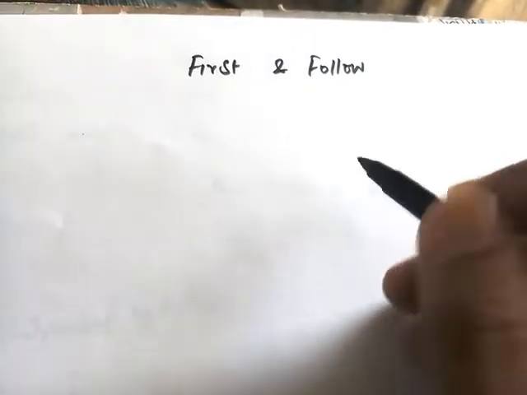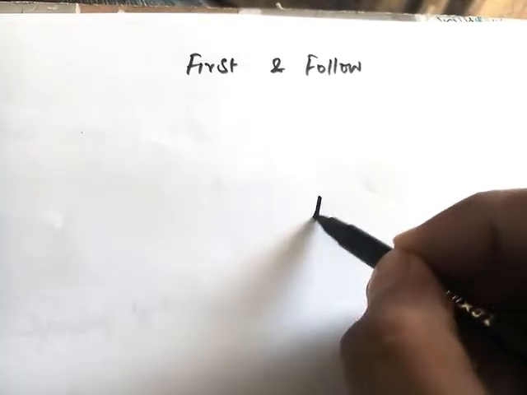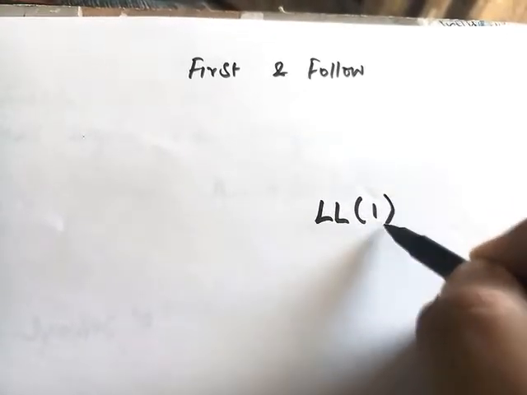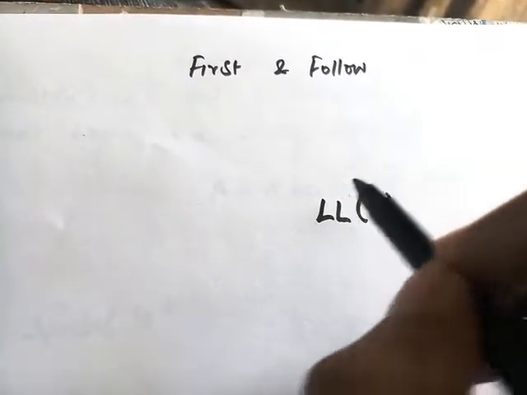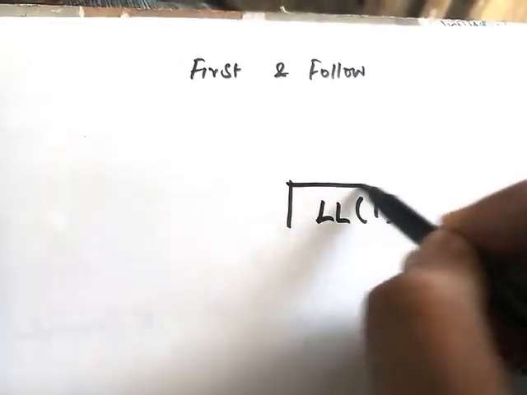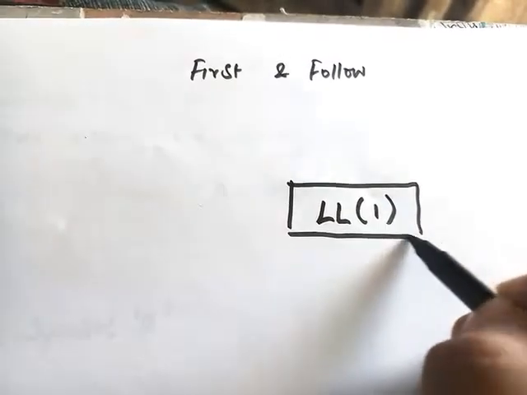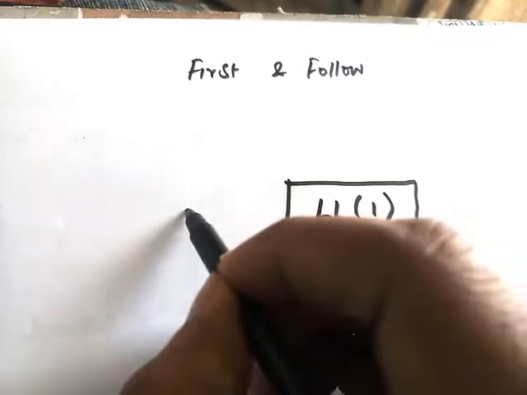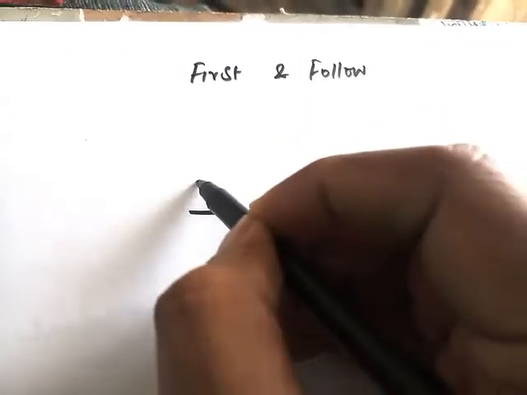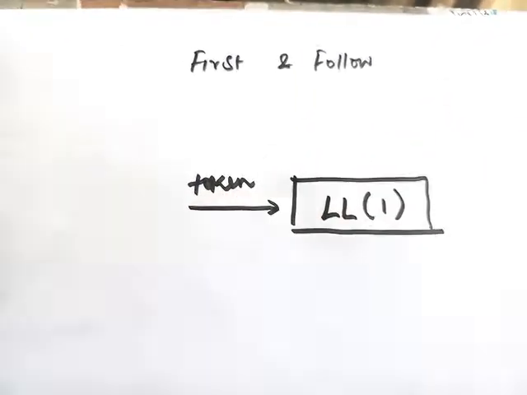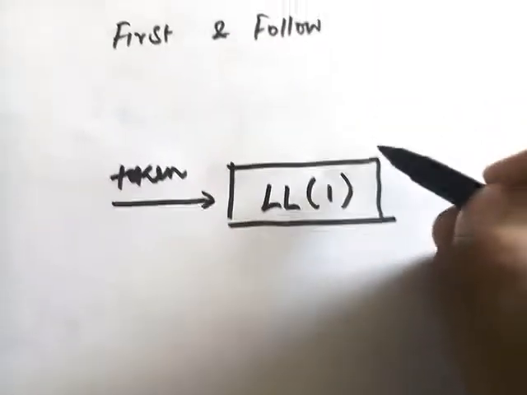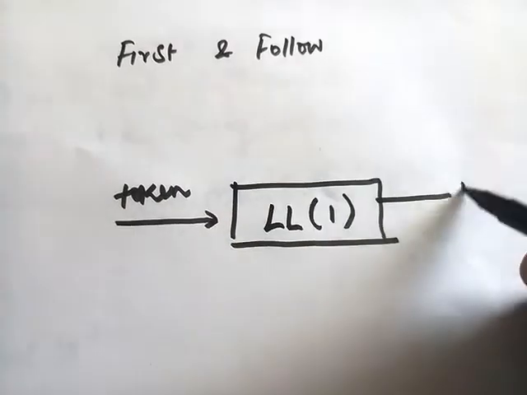in top-down parsing, we have a parser that is called the LL1 parser, and what this parser does is that it will accept a stream of tokens and generate a parse tree.